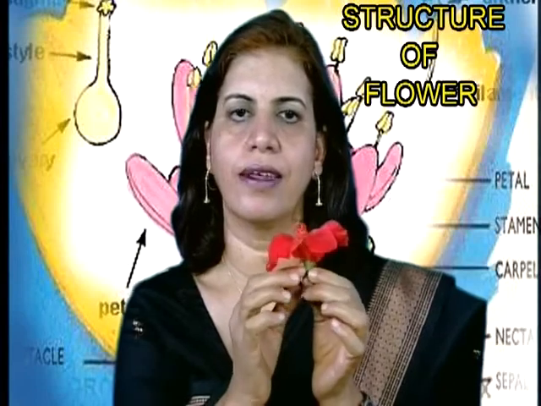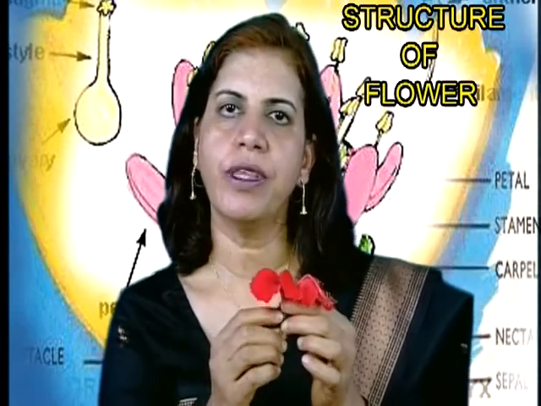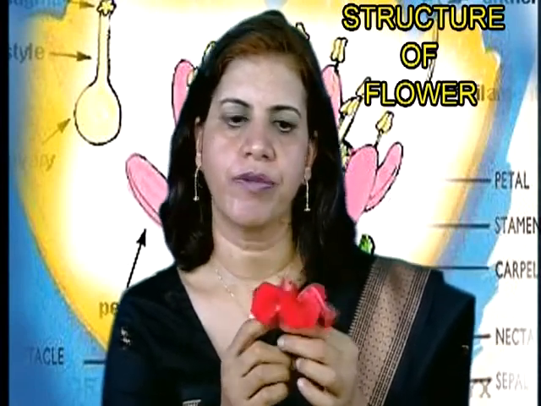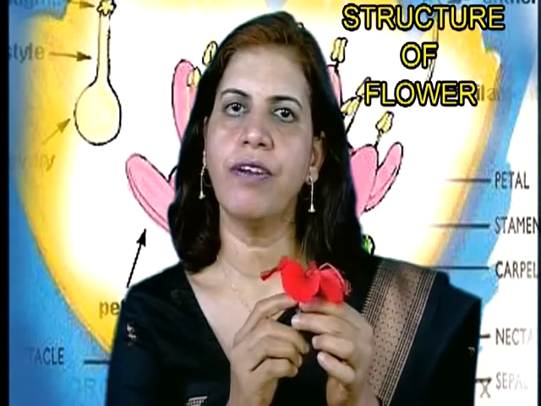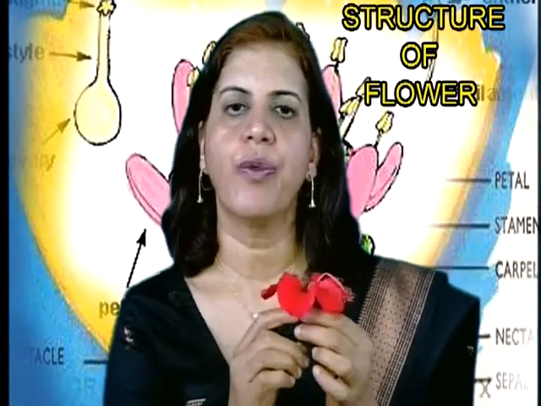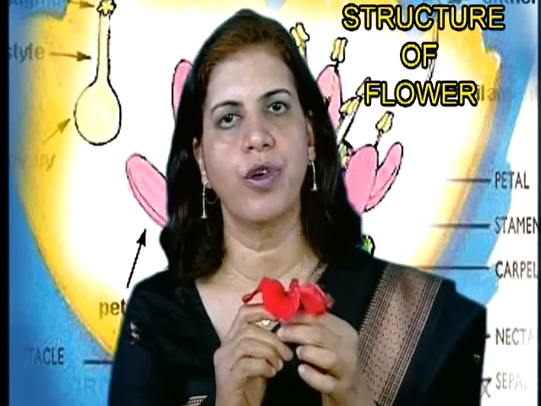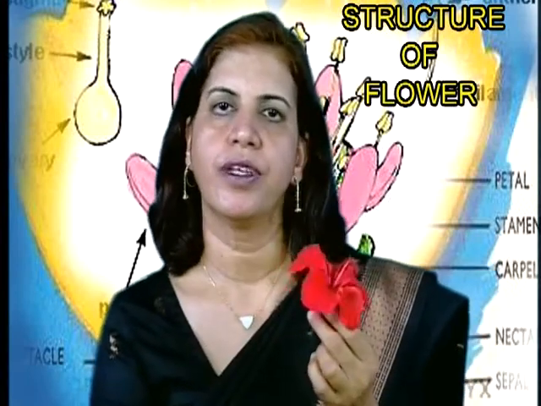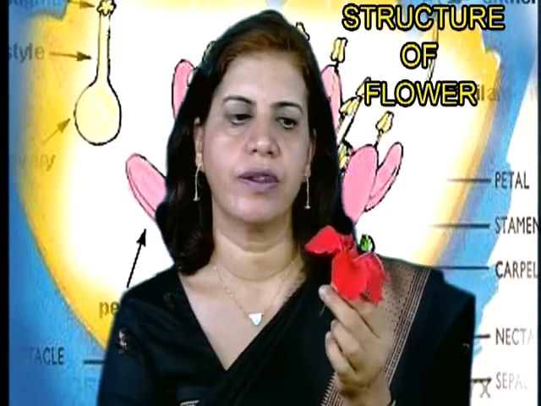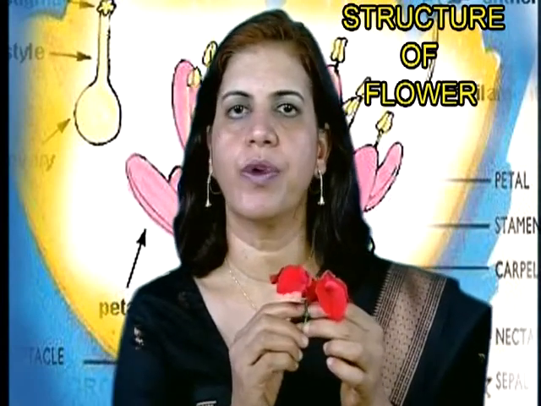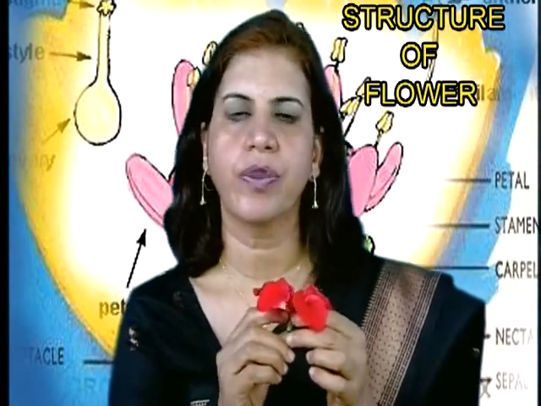Now, what will be the function of the sepals? Sepals provide protection to the flower before the opening of the flower. That means before the flower opens, sepals protect it.